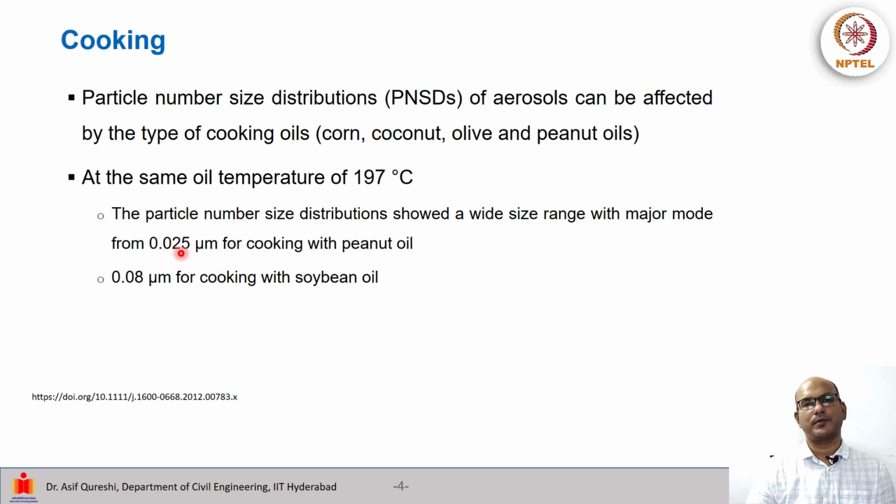So the maximum number of particles were at the 0.025 micrometer size. But when the soybean oil was at the same temperature and the cooking was done, the particle mode, which means the maximum number of particles, was in the 0.08 micrometer range.